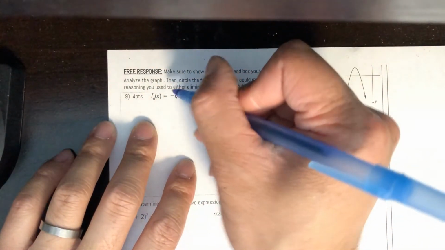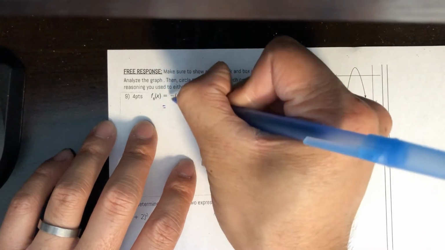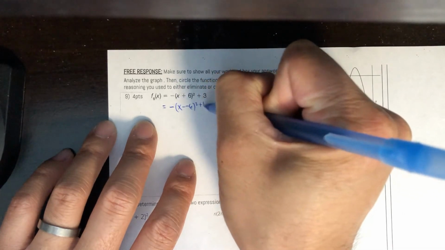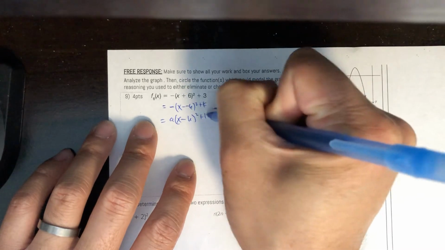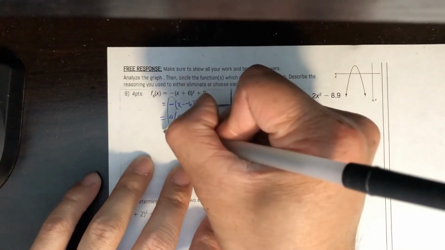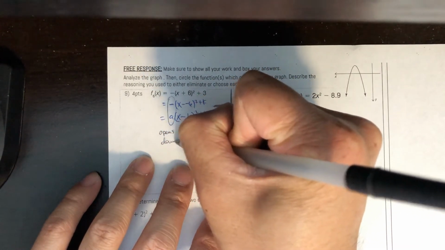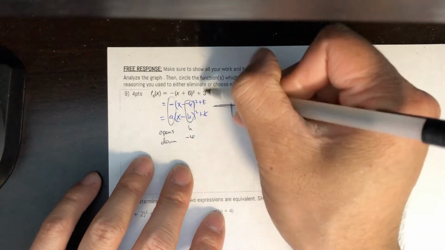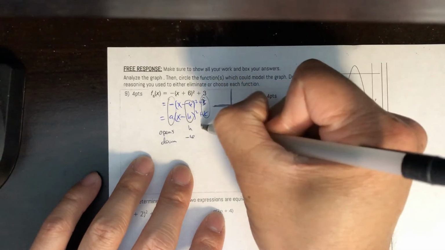So I'm gonna write the form, but before I write the form below it, I'm gonna have to change that plus sign to a minus sign. And then I can write the form below it, and then I can clearly see all the characteristics. So my A value is negative, so that means the graph opens down. My H value is -6, and my K value, that should be a 3, so my K value is 3.